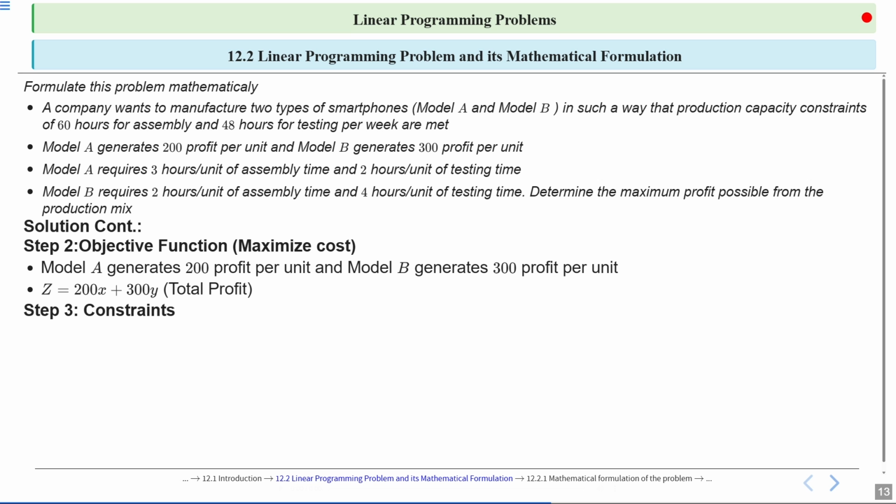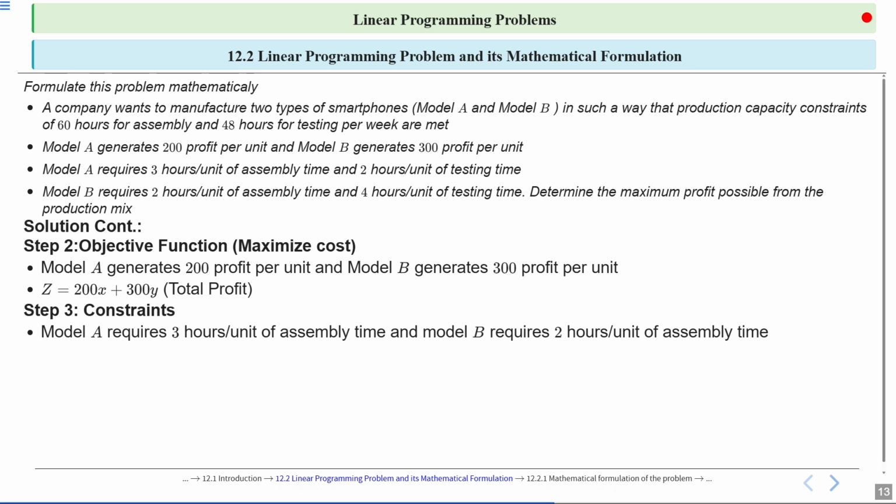Step 3 is about constraints. Here model A needs 3 hours per unit for assembly while model B needs 2 hours per unit. The maximum assembly time available is 60 hours. So 3x plus 2y is less than or equal to 60.